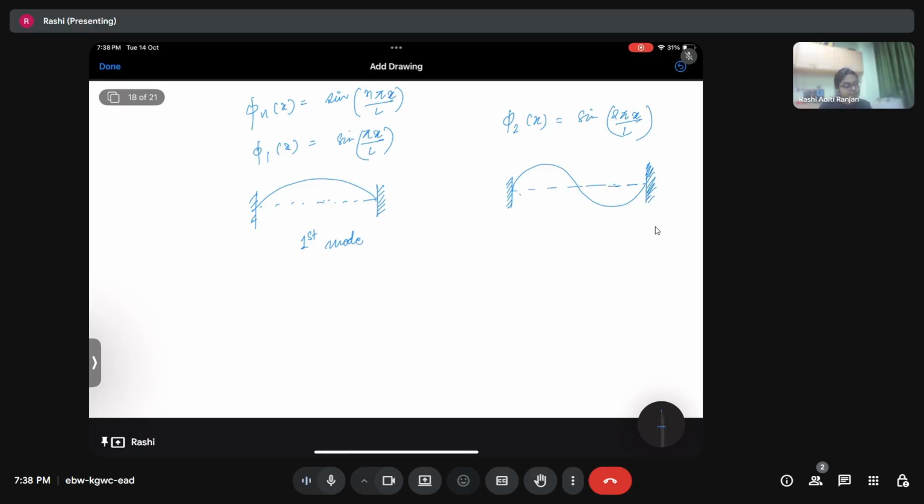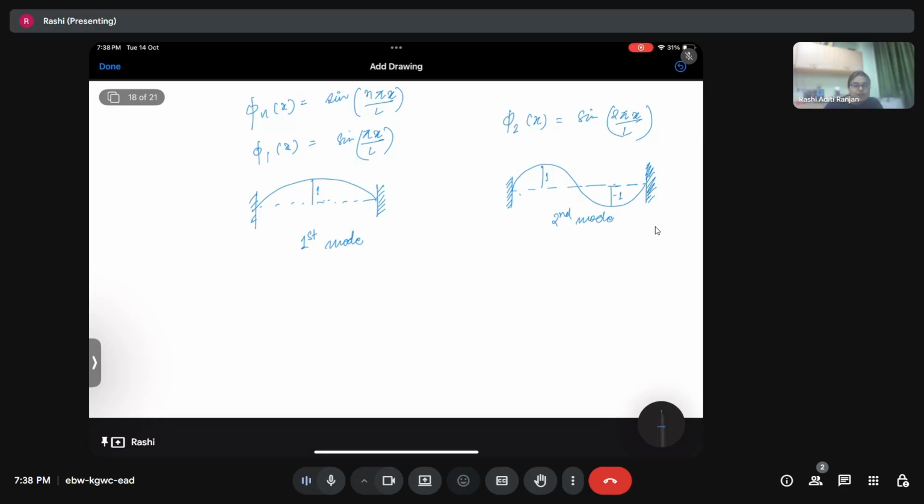Okay, this is the second mode. Here we have a deflection of 1, and this is -1.